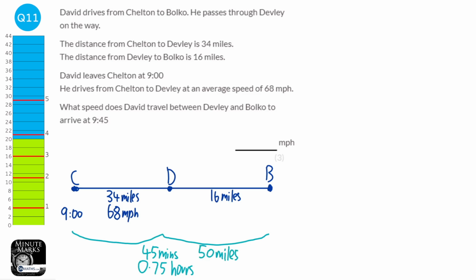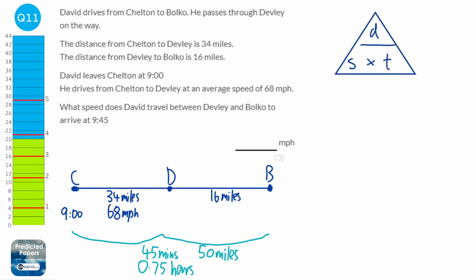Okay, now having a look at this, we need to find out what time David was at Devley. So we're going to use our speed, distance, time triangle. So speed equals distance over time, and we're covering up the time, because that's the one we want.